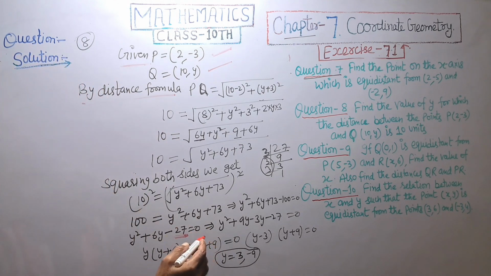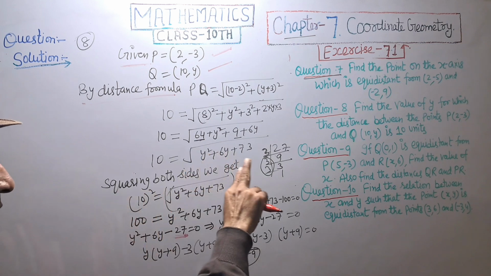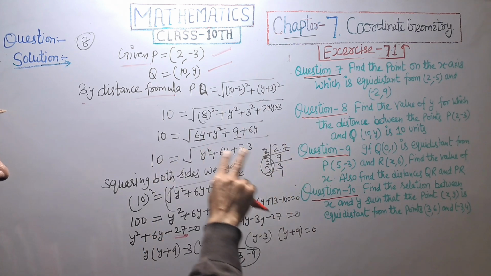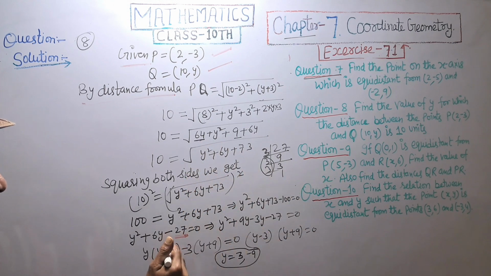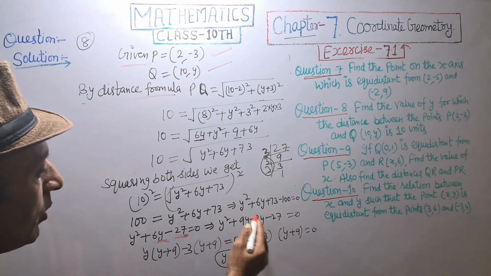And splitting the middle term, 27 y square, 9y minus 3y. 9 3s are 27y square, and 9y minus 3y is equal to 6y. Splitting the middle term, so 9y minus 3y minus 27 equal to 0.